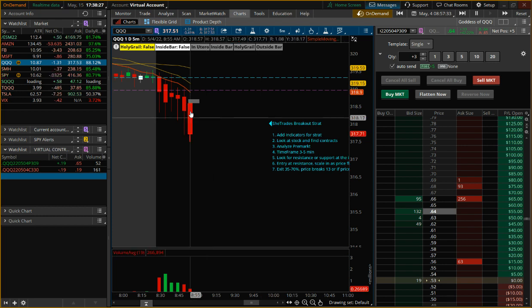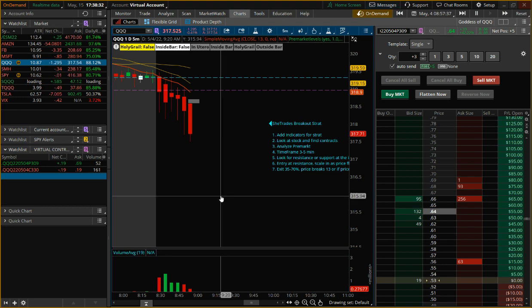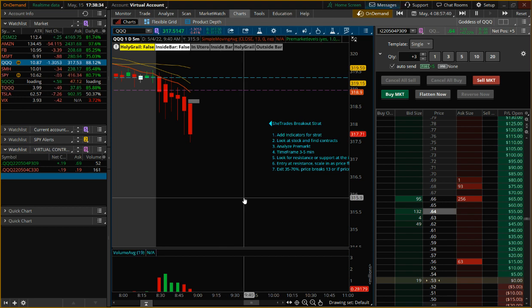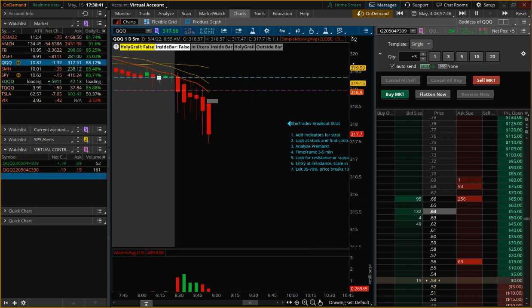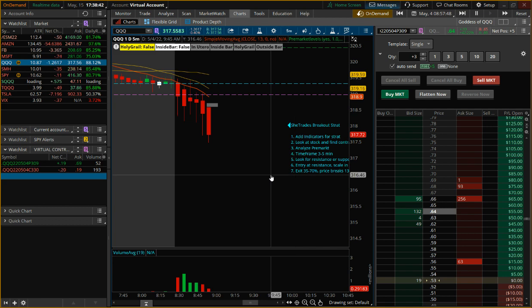Let's let this candle close and another one open. So we're at 27%. I'm going to get rid of one.